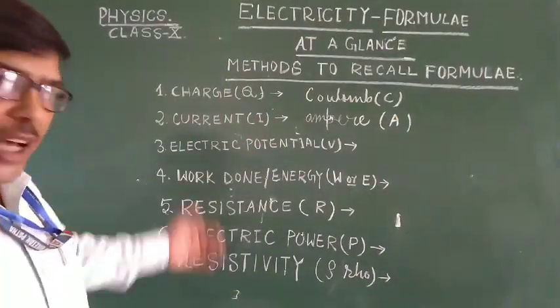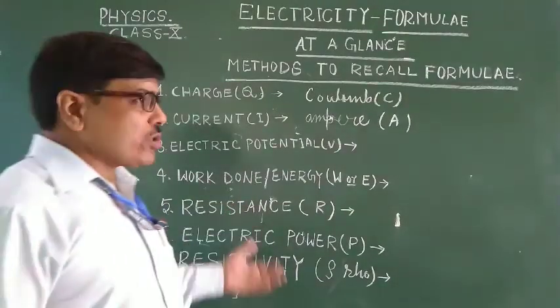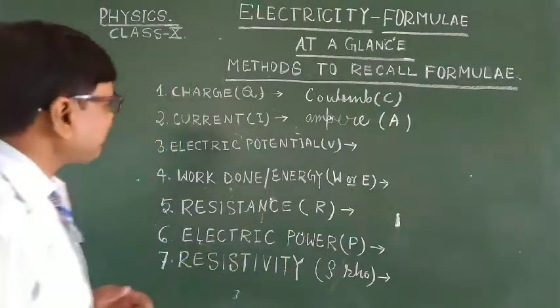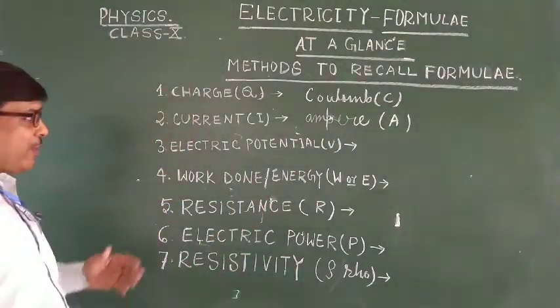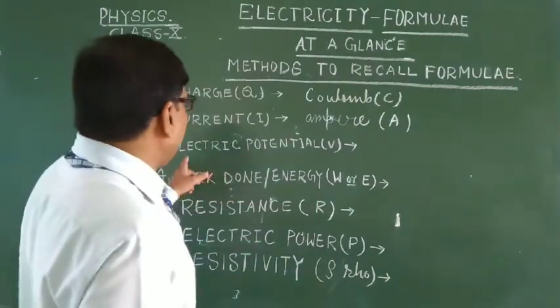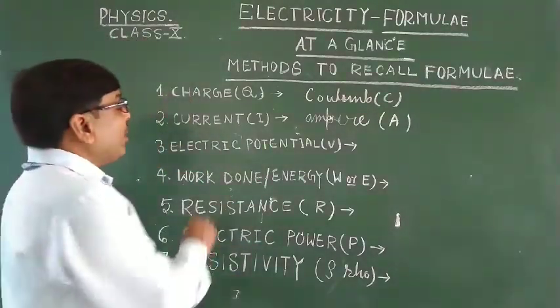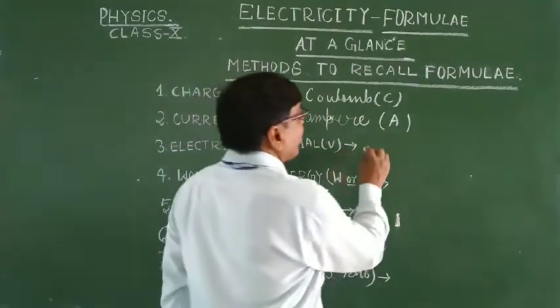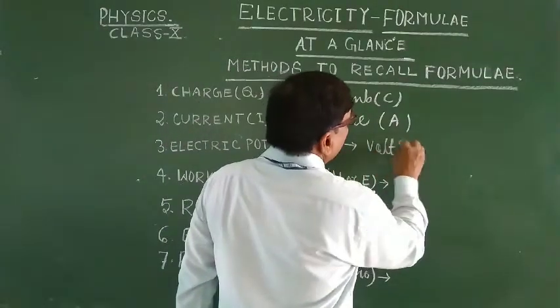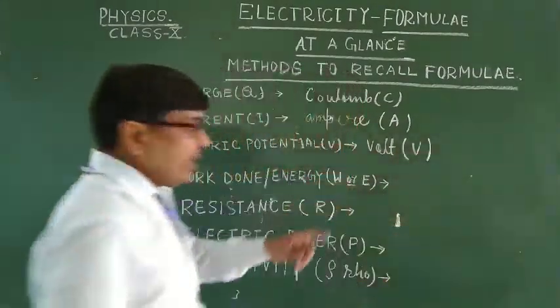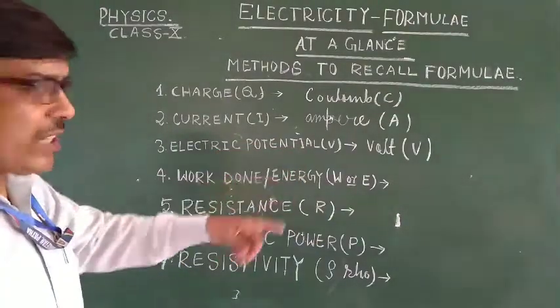These are some terms which are usually used in the electricity chapters for class 10. Electric potential, unit volt, symbol V, named after a great scientist.